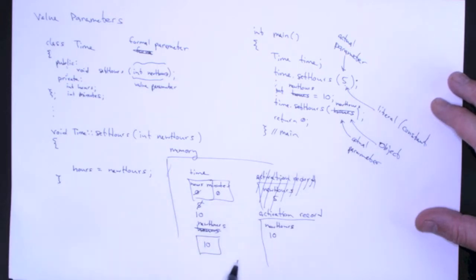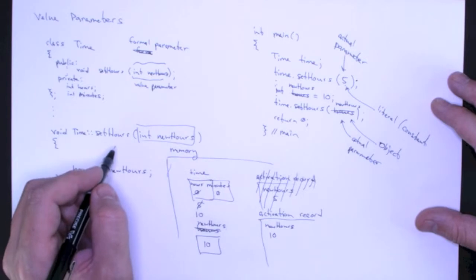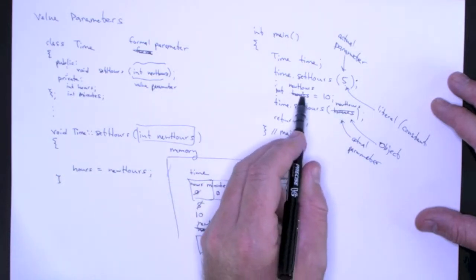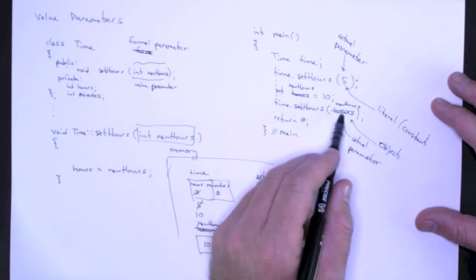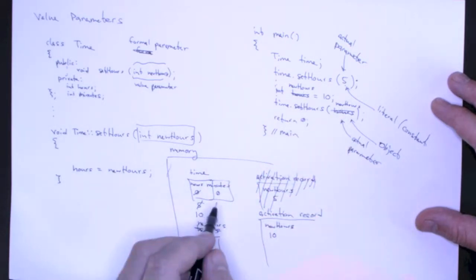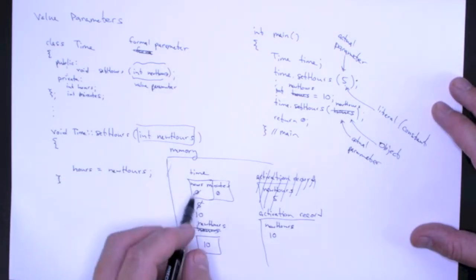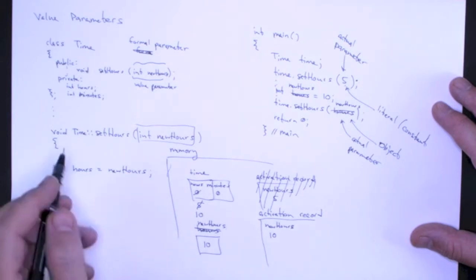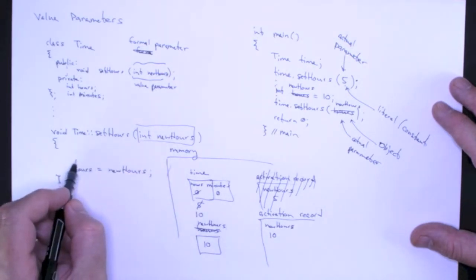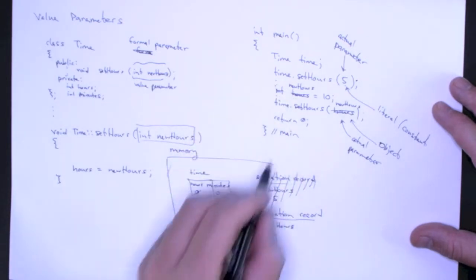But it doesn't change the execution because the parameter new hours has absolutely nothing to do with this local variable new hours in main. Okay? So very important. The other issue with these copies is I can actually make changes to the parameter new hours, and it won't change this local variable new hours back in main.